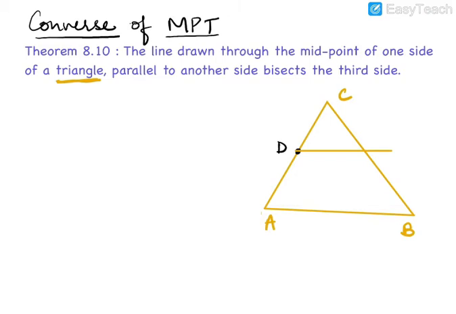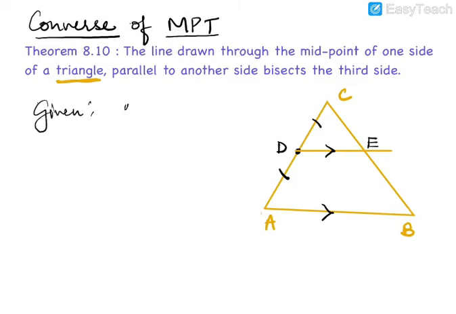So let's say this line DE is parallel to AB. We have to prove that this line bisects the third side. That means we have to show that CE is equal to EB.